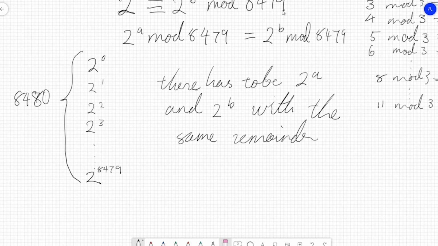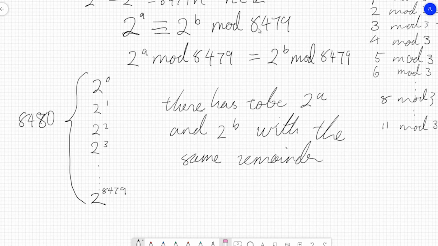Here, the modulus is 8,479. So even though it may tick over before 8,479, because these numbers don't increment one at a time, by including 8,480 numbers here, it guarantees that it will have ticked over somewhere. Yeah, so we'll have the same remainder between 2 numbers somewhere along these 8,480 numbers.